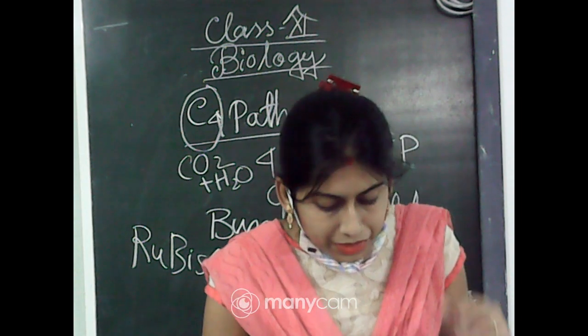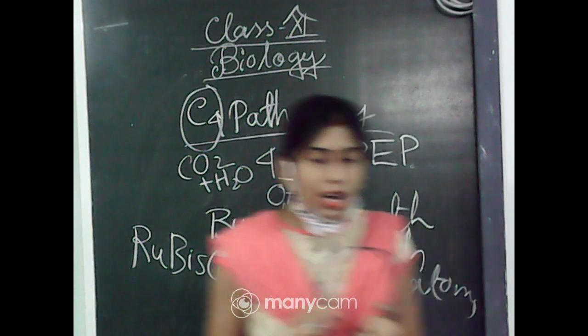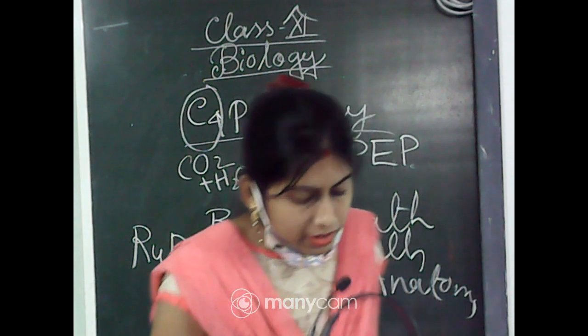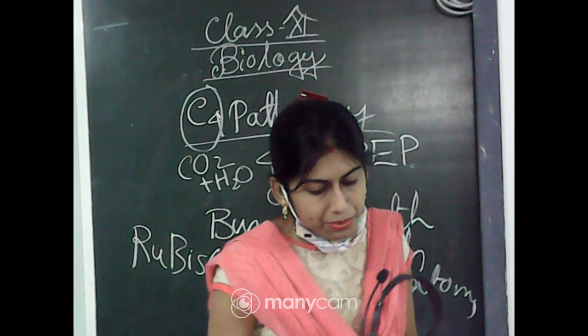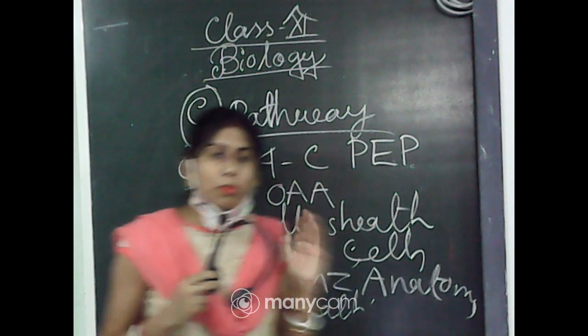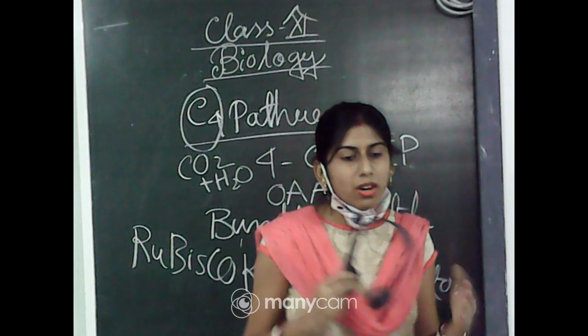That's why the Calvin cycle occurs in the bundle sheath cell, and ultimately the result is formation of sugar.